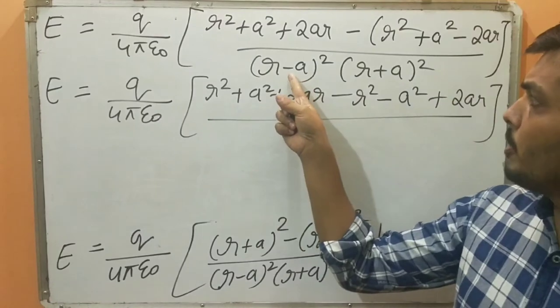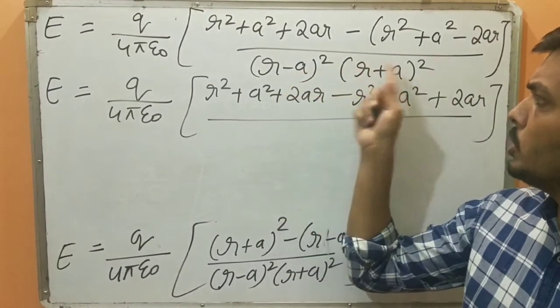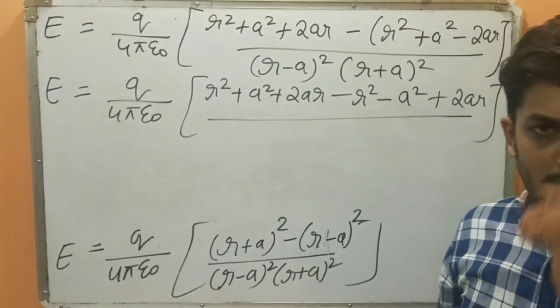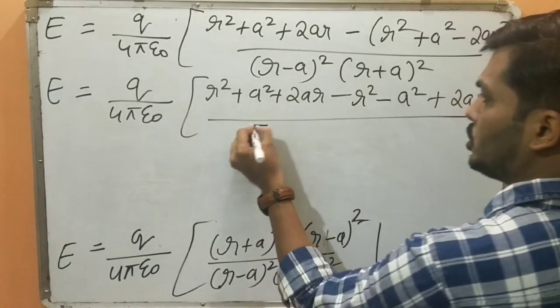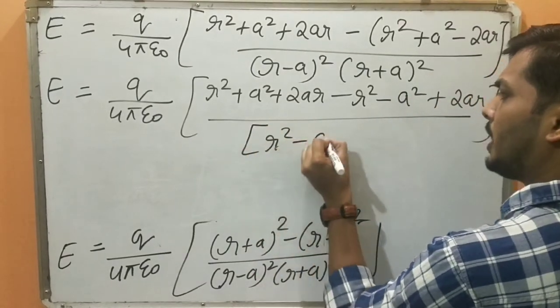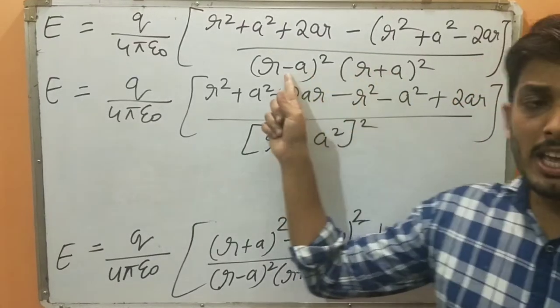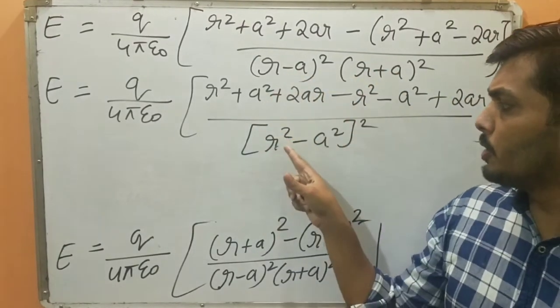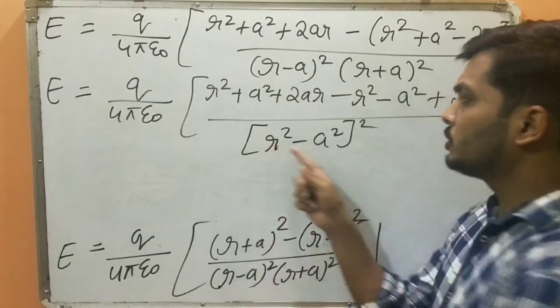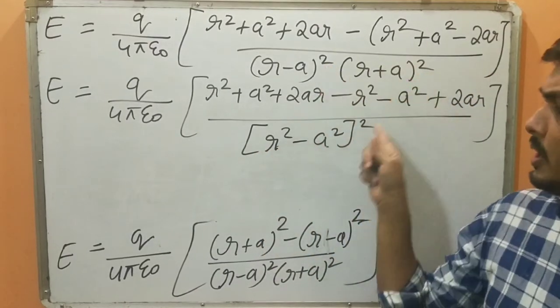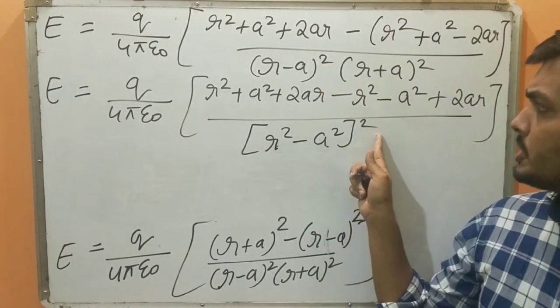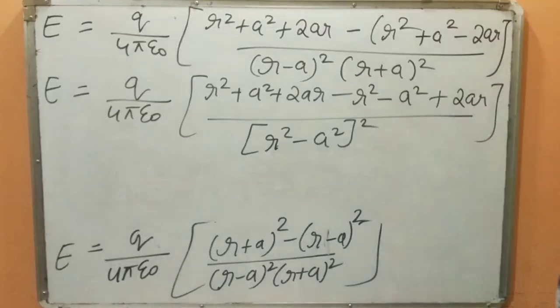Is it in the form of a plus b the whole square, a minus b the whole square, that is a square minus b square? Yes or no? So shall I write r square minus a square the whole square? See here, it is in the form of a plus b, a minus b. What is the formula for this? A plus b, a minus b, a square minus b square, and the square here. So is it easy to understand? Okay. Now I'll erase this.